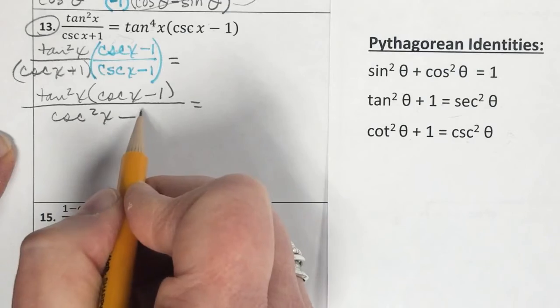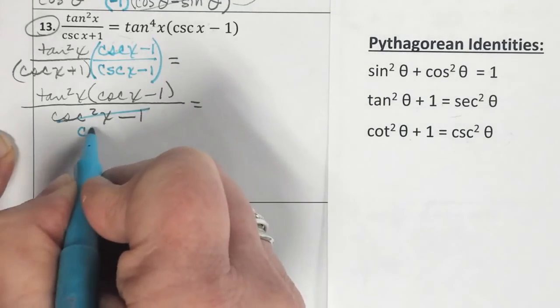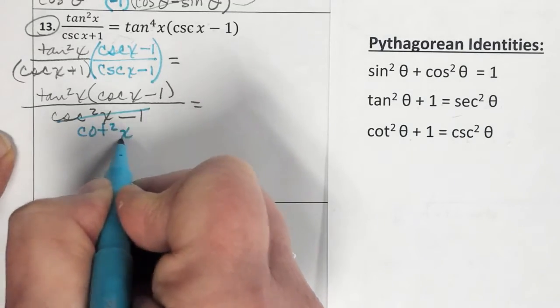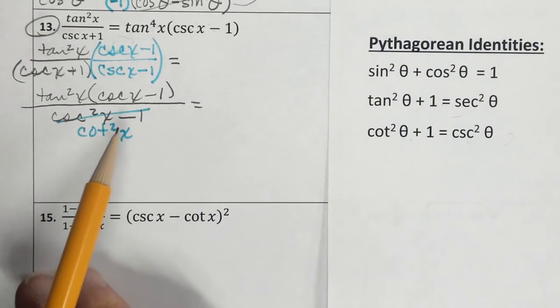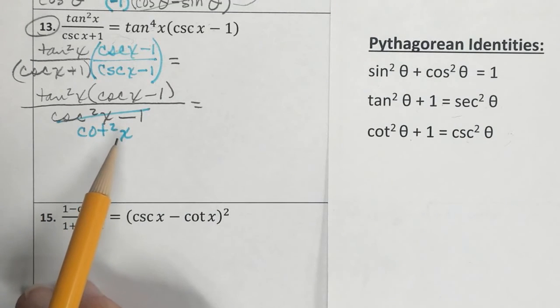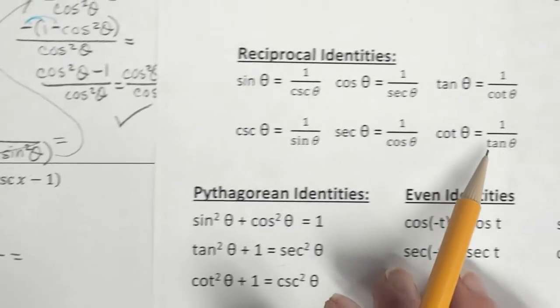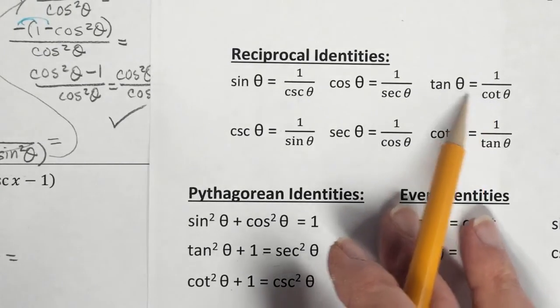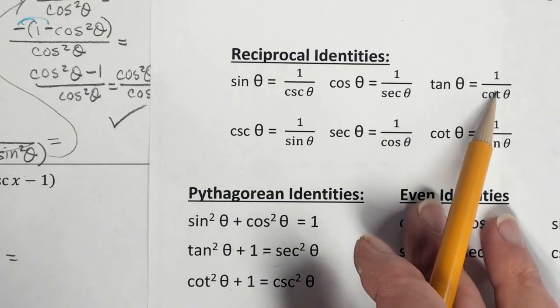So, if that is equal to cotangent squared, okay, now look at what I need. I need to remember that if I have a cotangent in the denominator, that's the same thing as tangent. And if that cotangent is squared, it's equal to tangent squared.